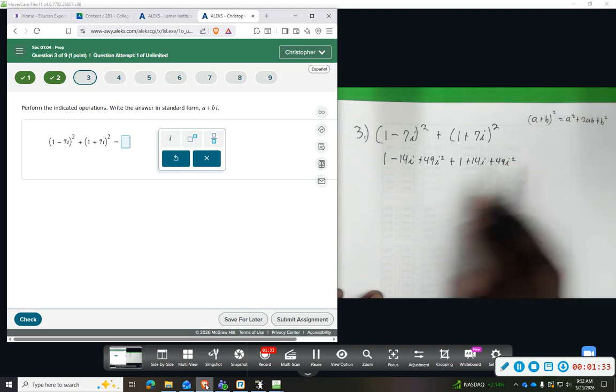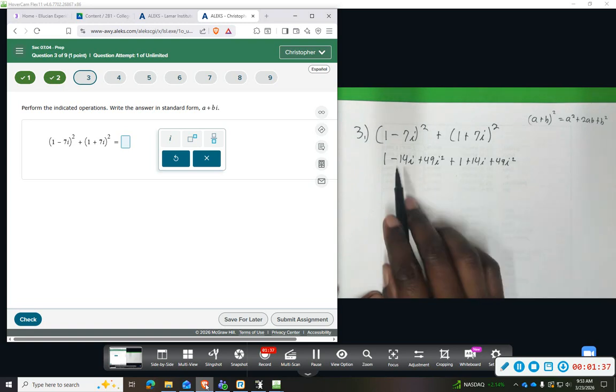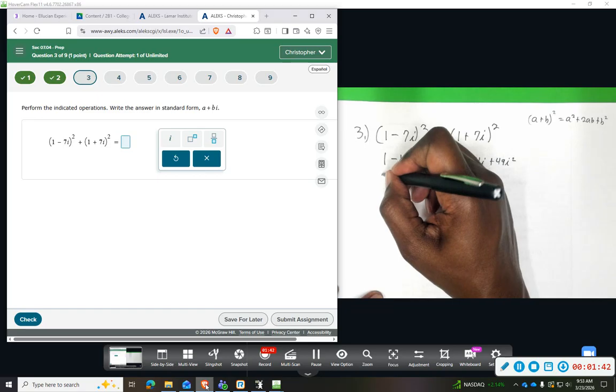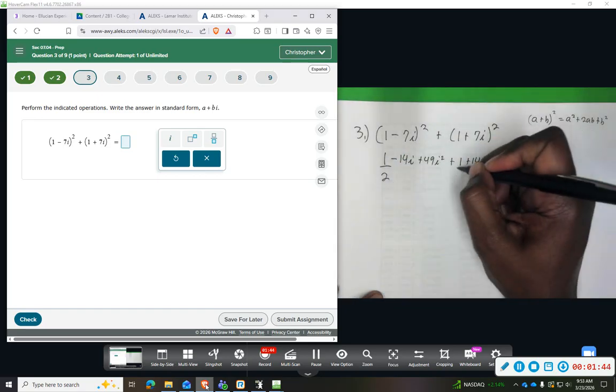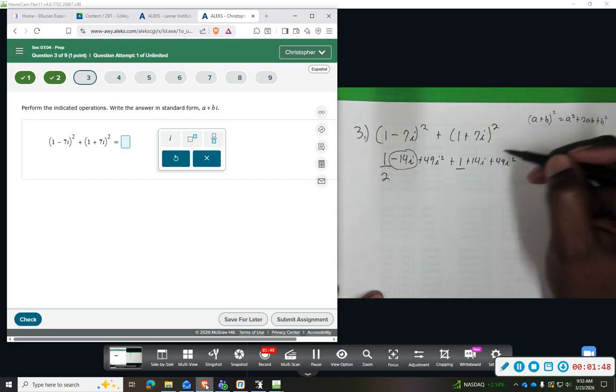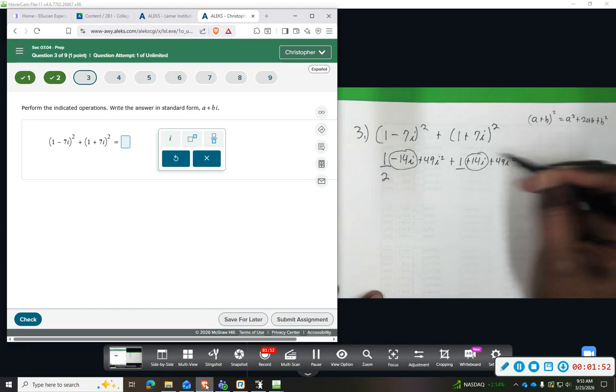Okay, so from here, I can combine like terms. I have a positive 1 plus 1, which will give me a positive 2. The negative 14i and the positive 14i will cancel each other out, so that term will be 0.